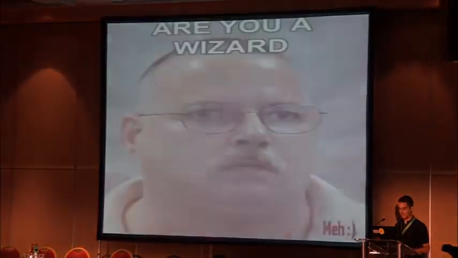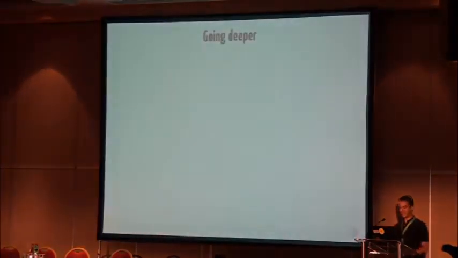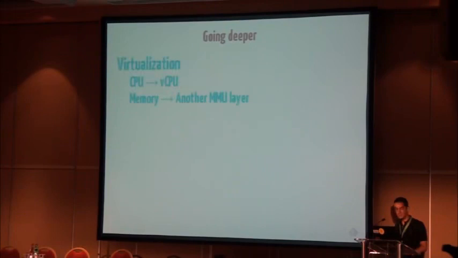But we will go deeper. What we will find in the next slide is how to do it in a generic way, meaning that you can detect you're virtualized under Cuckoo, under everything, just the VMM layer. So first, virtualization: you have no more CPU, you have a virtualized CPU.